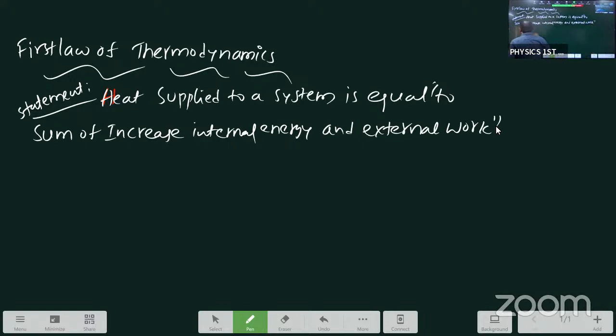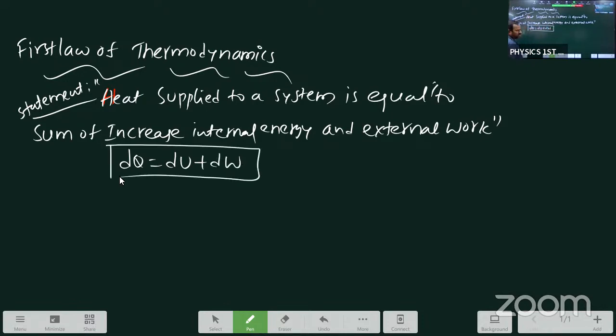Supplied heat always equals internal energy plus external work. This is the first law of thermodynamics: dq equals du plus dw. This is the statement, student: heat supplied to a system always equals internal energy plus external work.